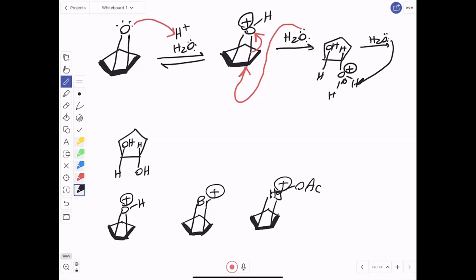In all of these, one side of the intermediate is blocked by the bridge, and the nucleophile has to attack from the opposite side. And that's why these reactions are anti-additions.